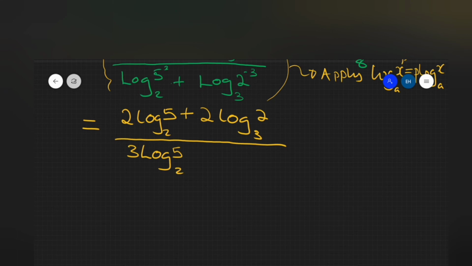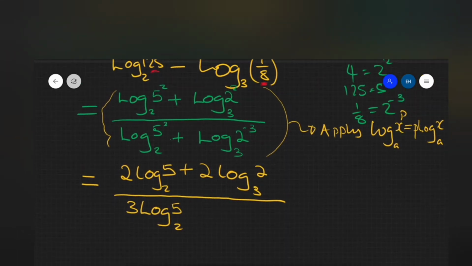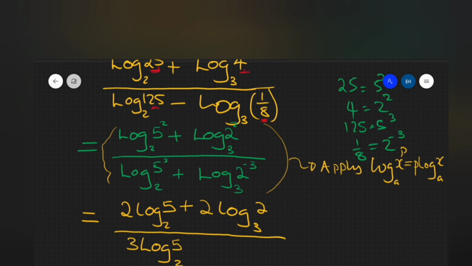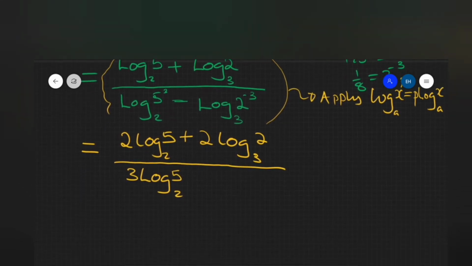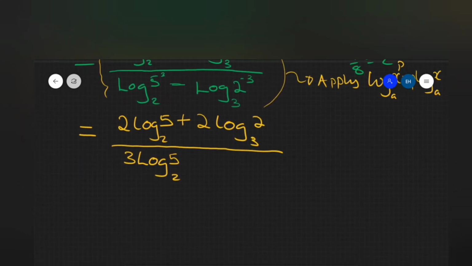Then this 3, I think I changed my sum. I changed it here, it was supposed to be negative. That means if we take this negative 3 to this one, then it will be positive 3 log 2 base 3.